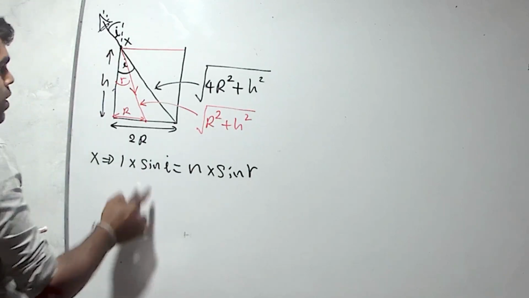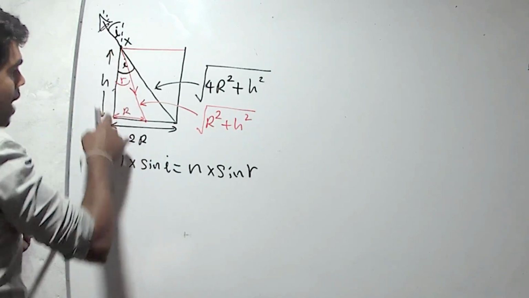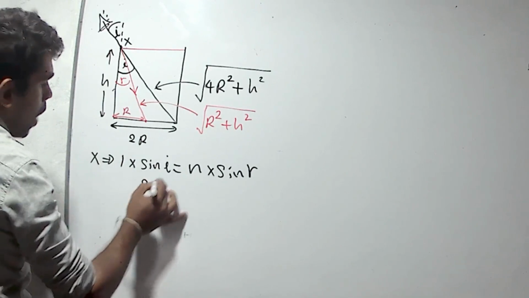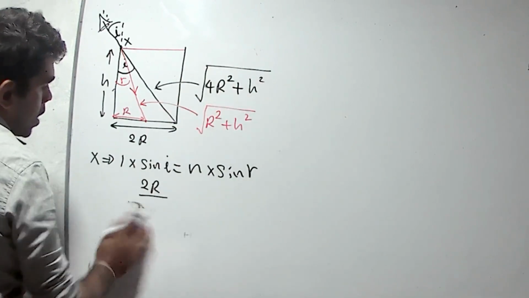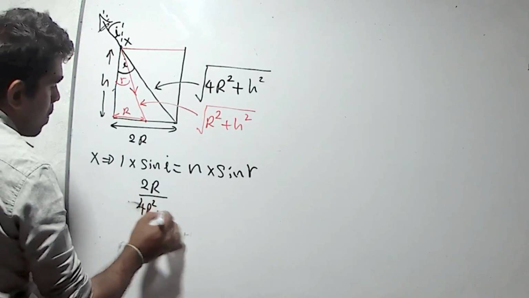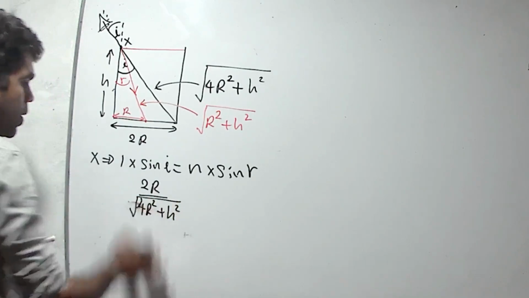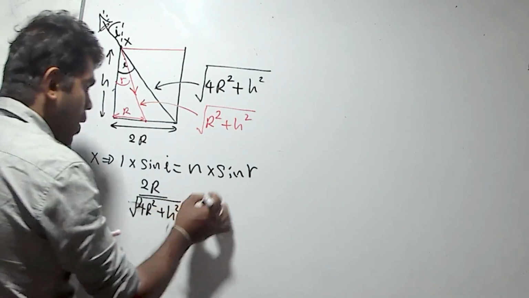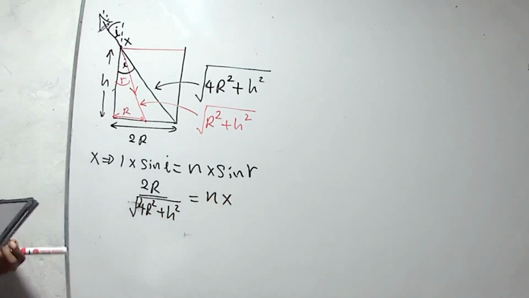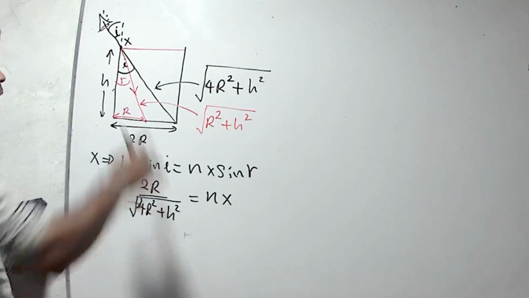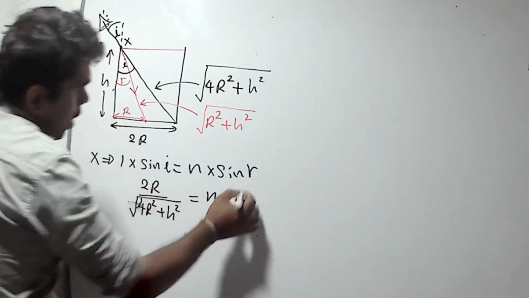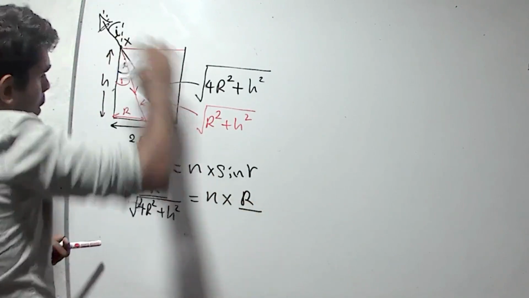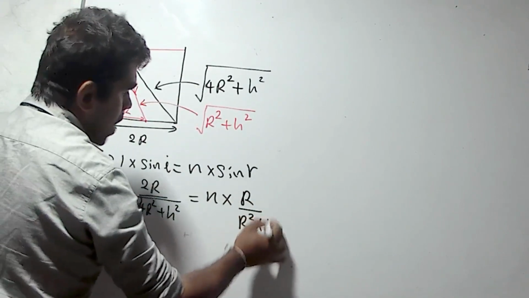We can substitute sin i by using this large triangle: 2r divided by the hypotenuse. The hypotenuse is the square root of 4r squared plus h squared. This should be equal to n times sin r. We can substitute sin r by using this small triangle: opposite r divided by the hypotenuse, the square root of r squared plus h squared.